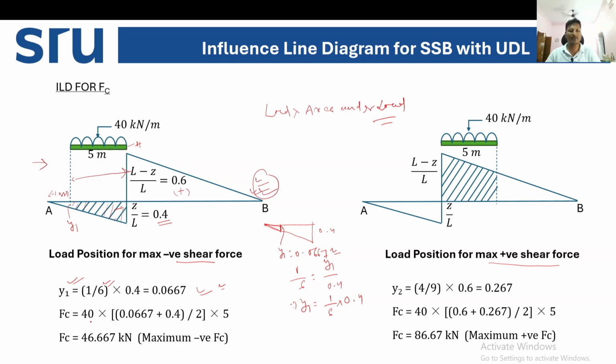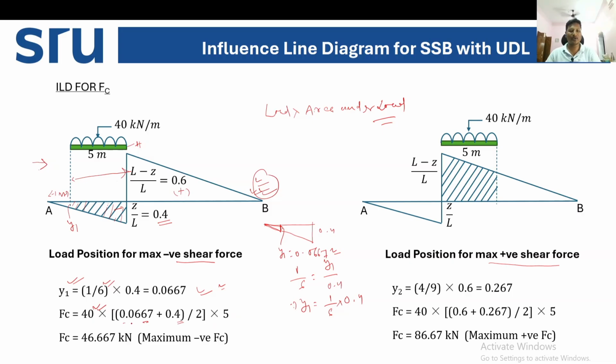So how can we find the area? This is the magnitude of the load, 40 kilonewton, into the area under the load, which is (0.0667, this is your y1, plus 0.4) divided by 2, into 5.